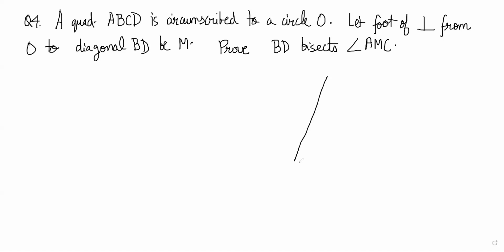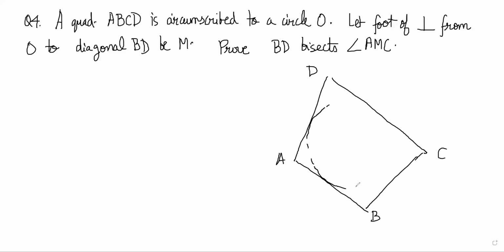So let's draw the quadrilateral first. Some random type of quadrilateral we are drawing. This is A, this is B, this is C, this is D. And then there is a circle that circumscribes or inscribes all of the sides, right? The quadrilateral is circumscribed to this circle. Now, this circle has center O, somewhere here.